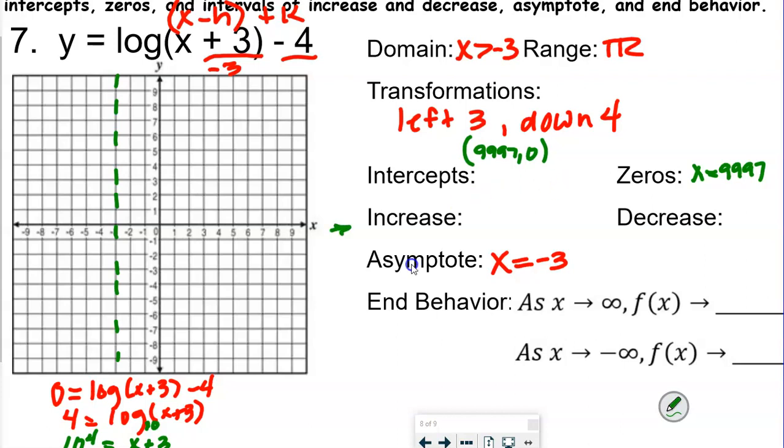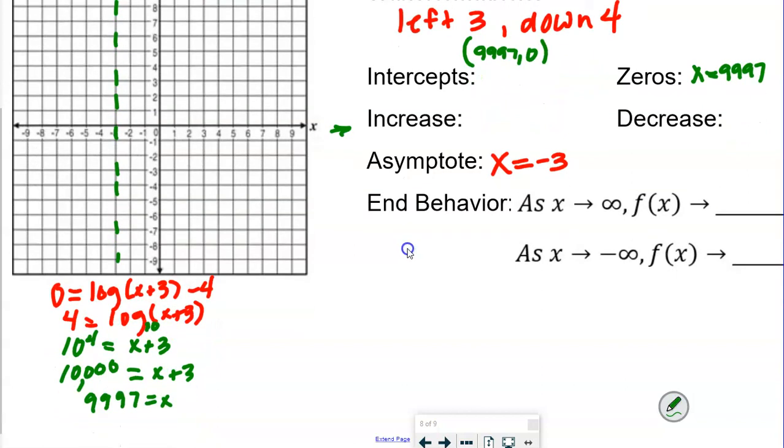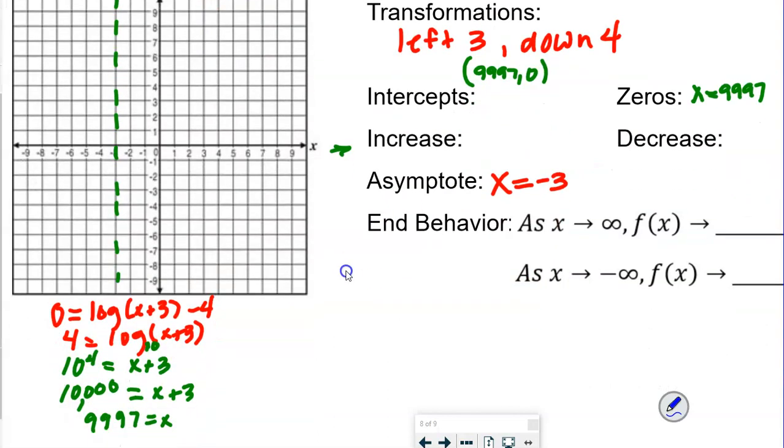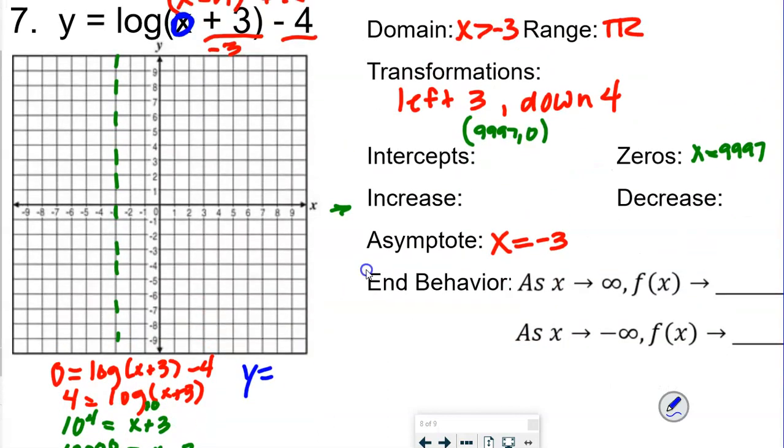Okay, and then now let's also find our y-intercept. Look up here, this time we're going to put 0 right here to solve for our y-intercept. So y is equal to log of 0 plus 3, minus 4. This one we can just put in our calculator: log of 3 minus 4.